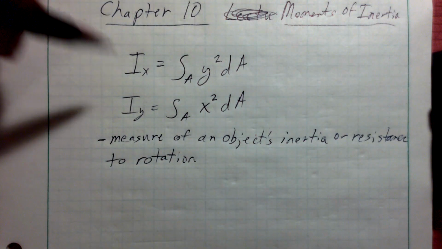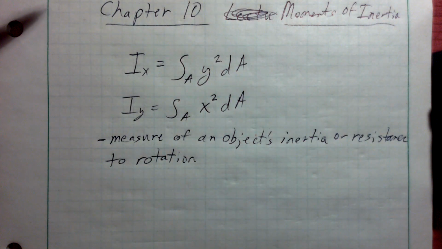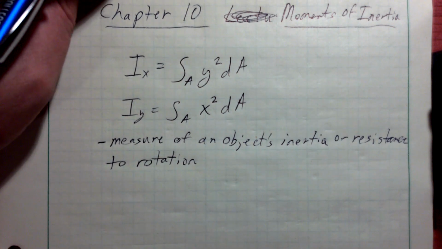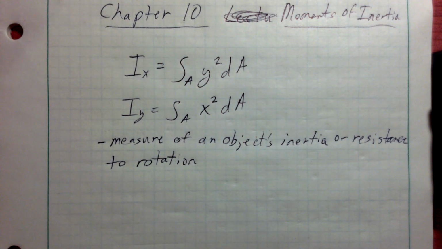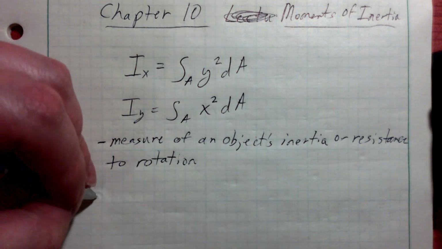Now, there are different kinds of moments of inertia that we could measure, but this one, just to keep it simple, because without context you probably won't understand too much about the different kinds of moments of inertia. This moment of inertia we're going to talk about here, just think about it this way to keep it simple: it represents the resistance of an object to rotation.